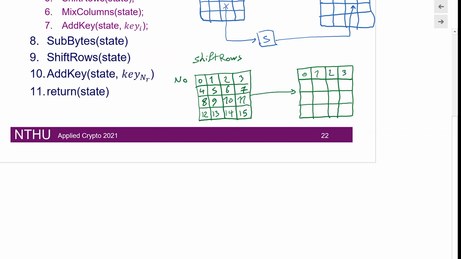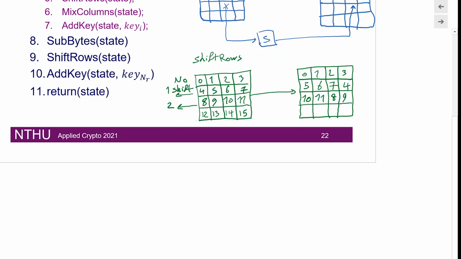And then the second row, I do one shift. It is a rotational shift. When I shift it to the left by 1, byte number 5 would come here, then 6, 7, and 4 would go to the back. The third row I shift by 2, and what I get is 10, 11, 8, and 9.